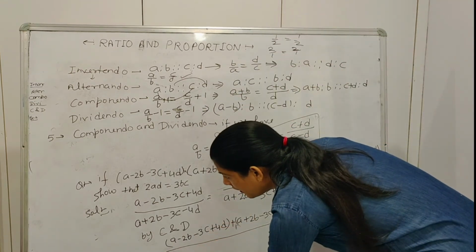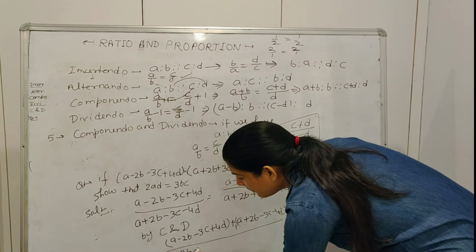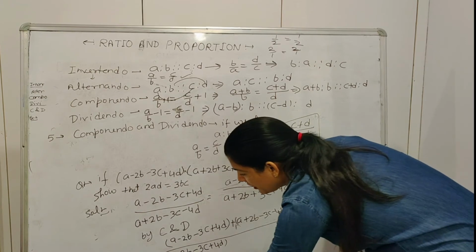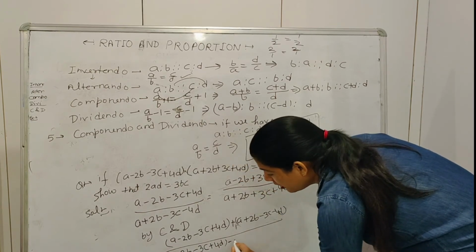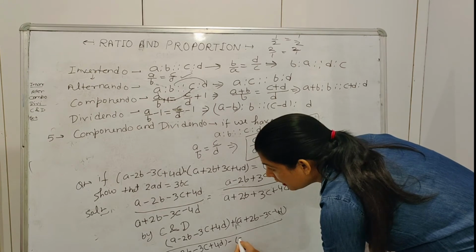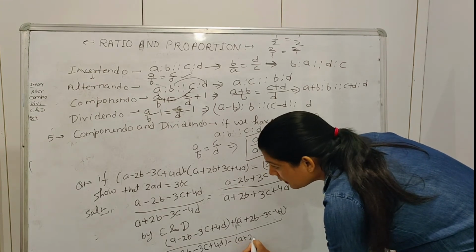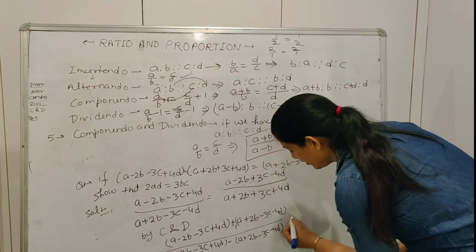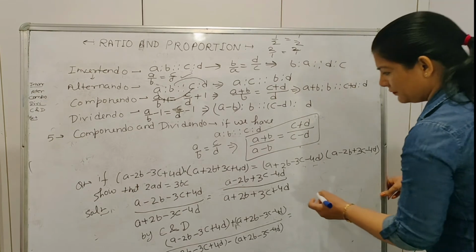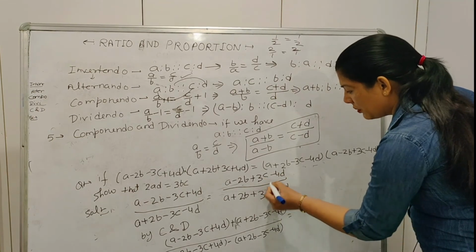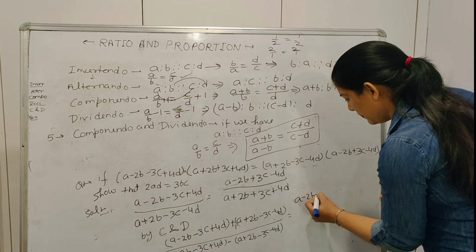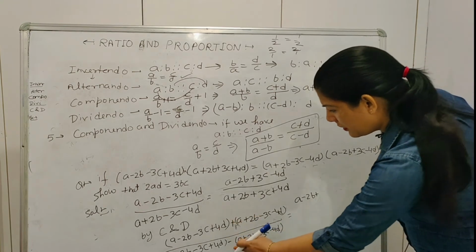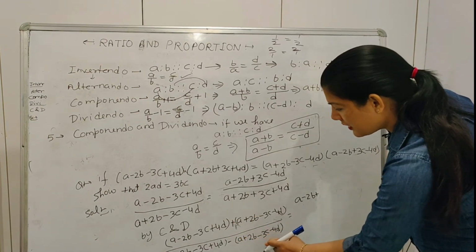Okay. If on the left hand side you are writing the numerator first, then you have to write the numerator first in the right hand side also. Minus 3c minus 4d is equal to numerator plus denominator, a minus 2b plus, okay, let me check, minus a plus 2b minus 3c minus 4d.